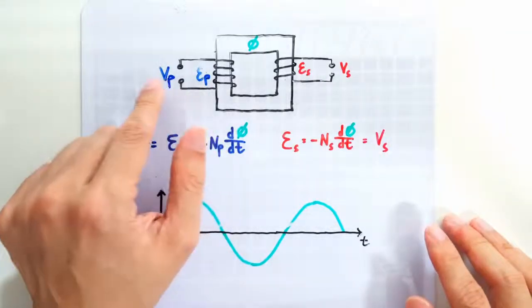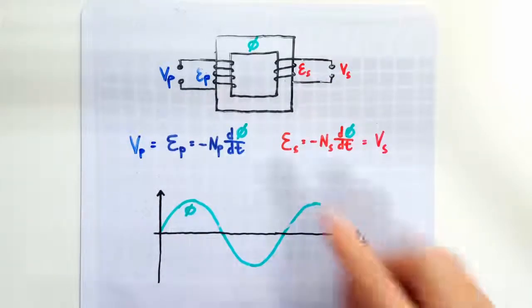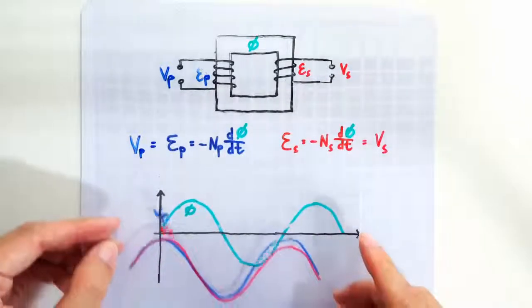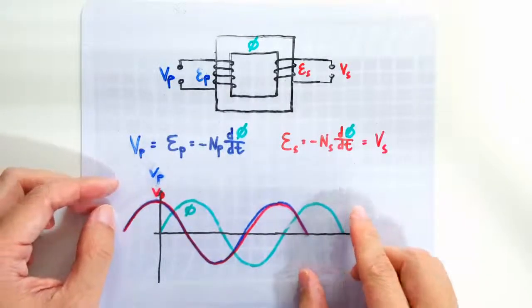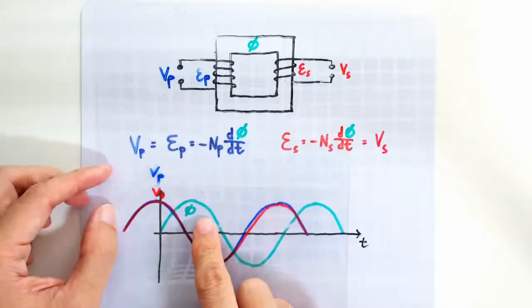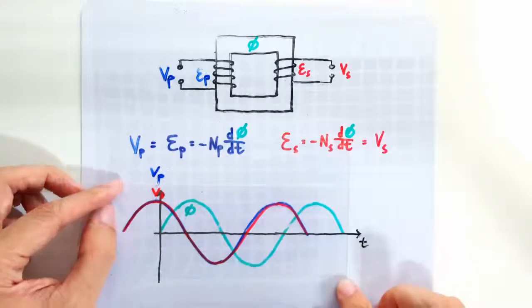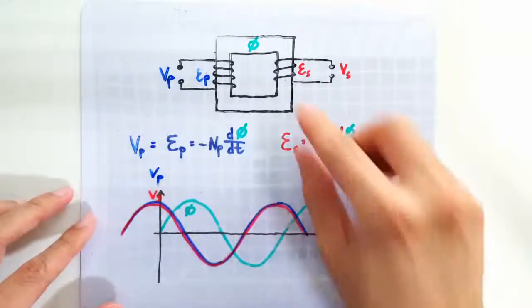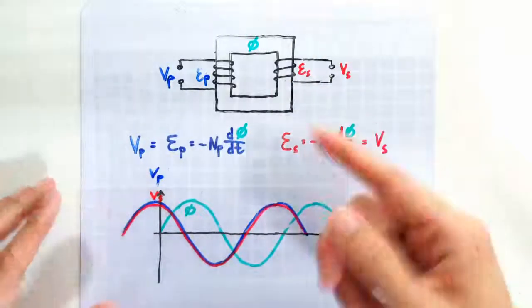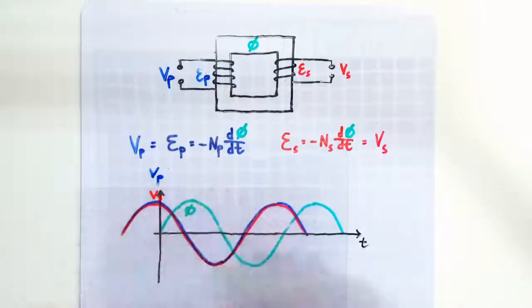And EP is Vp, ES is Vs. So by Faraday's law, both Vp and Vs should be off by a quarter of a cycle with respect to the magnetic flux, which means both of them should be in phase. Or they could be completely out of phase if you decide to wind the coil the other way around. But they cannot be in phase with the magnetic flux, these two voltages.